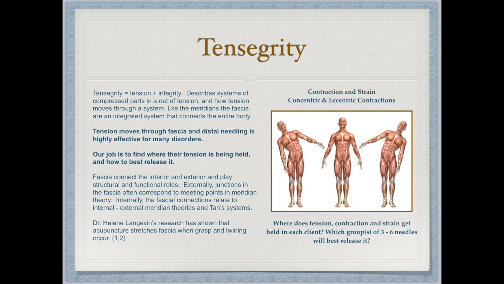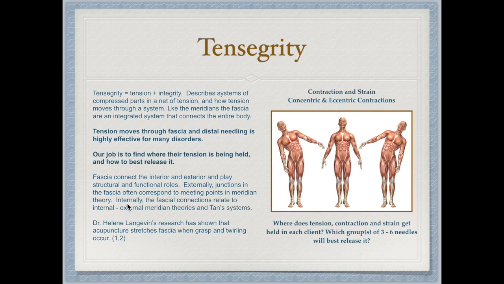And we can now start to validate these traditional theories and concepts through the anatomy of the myofascial lines, as well as looking at how the internal fascia and the visceral fascia connect to other structures. So I have a whole class on internal medicine where we go into the visceral fascial connections and how that relates to the internal external relationships, but I just want to mention that quickly here.